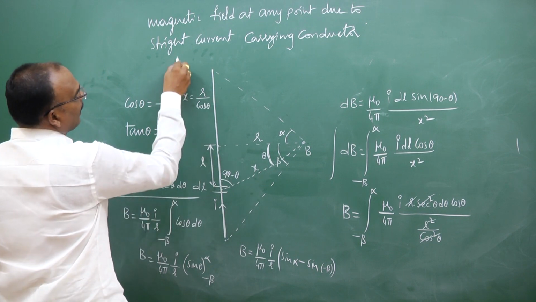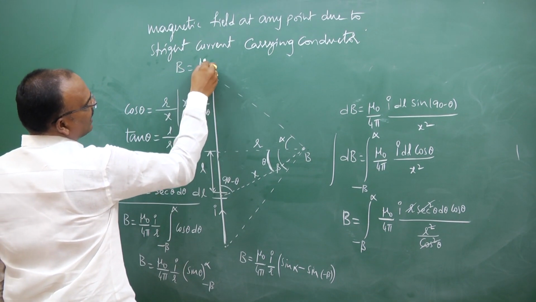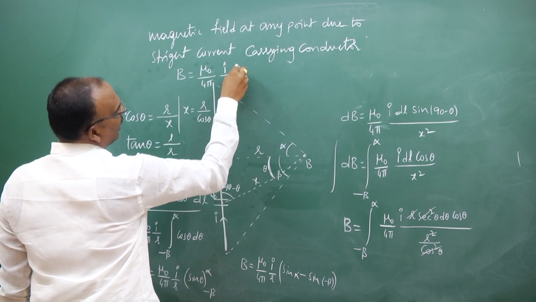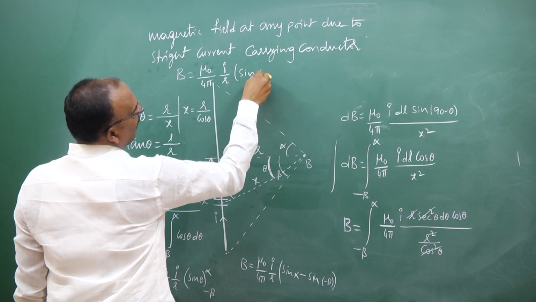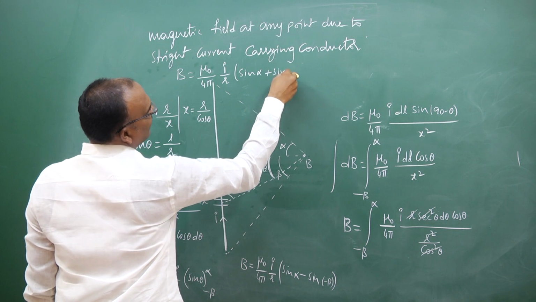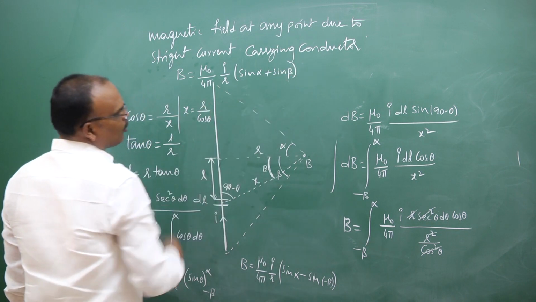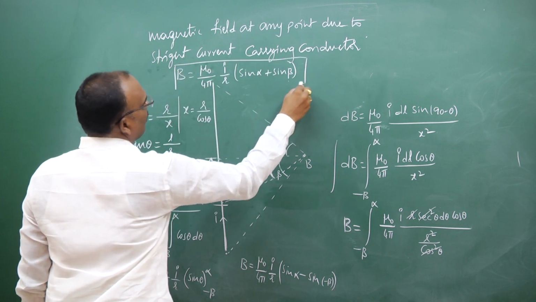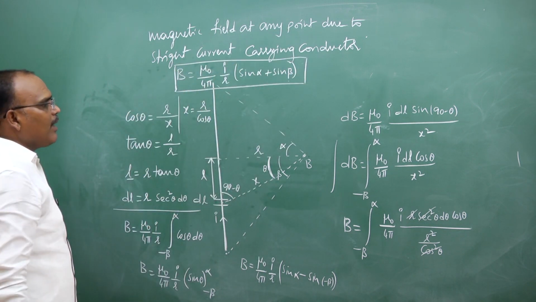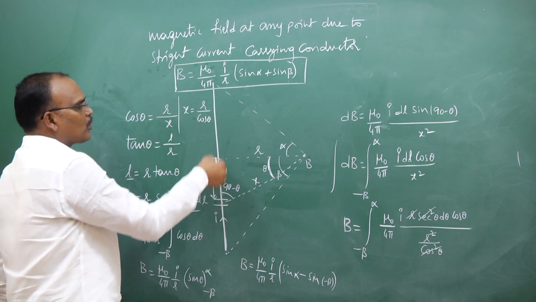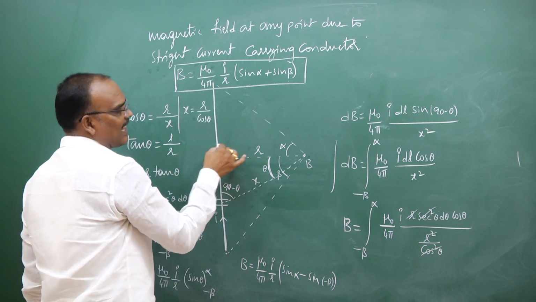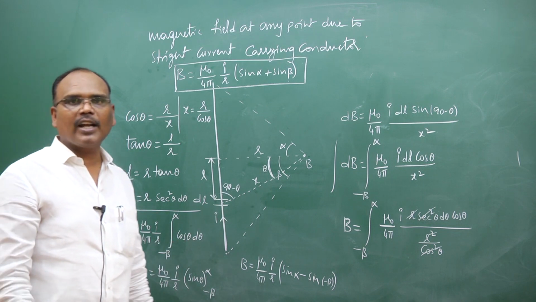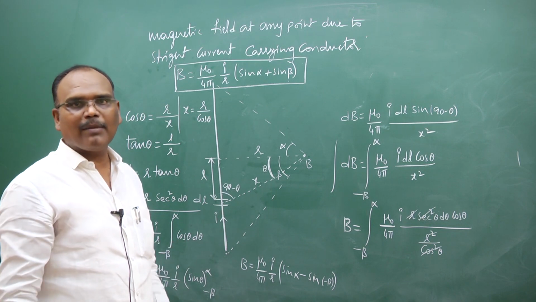So magnetic field B can be written as mu naught by 4 pi I by r into sin alpha plus sin beta. Minus into minus is plus. So this is the expression for the magnetic field at any point due to a straight finite length conductor. B is equal to mu naught by 4 pi I by r into sin alpha plus sin beta.